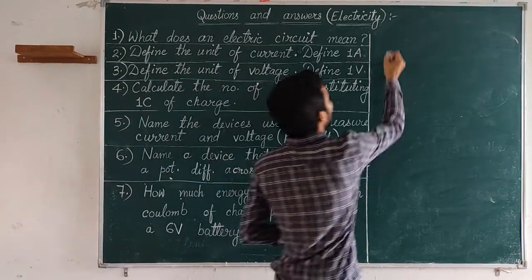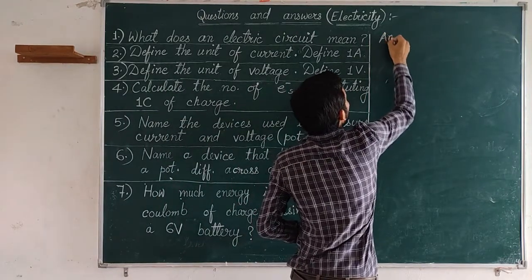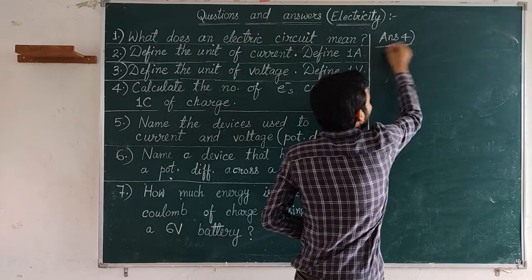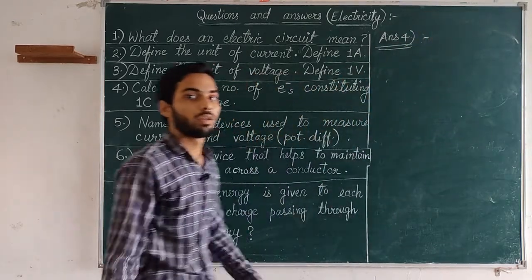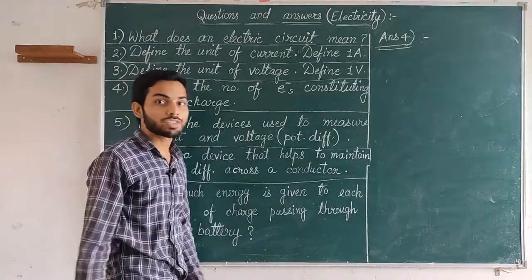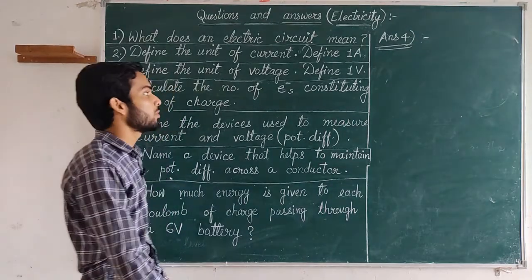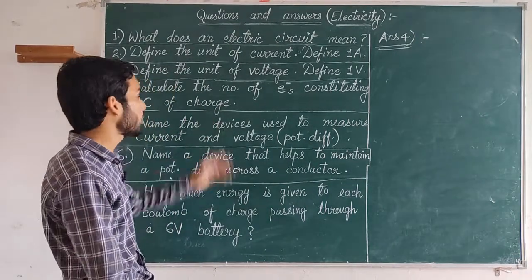Question number 4. In question number 4 we are asked to calculate the number of electrons constituting 1 coulomb of charge.